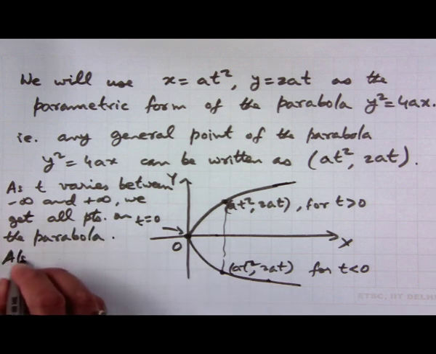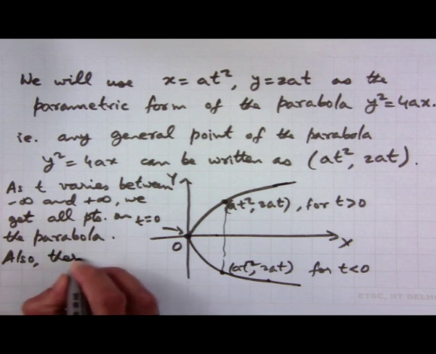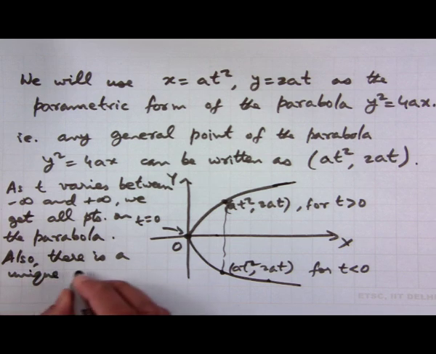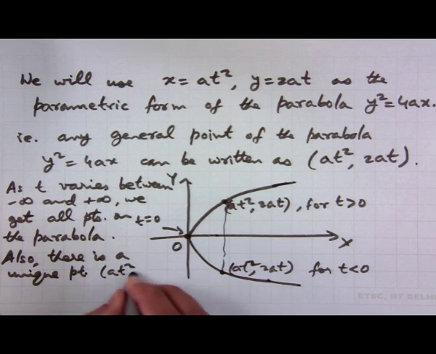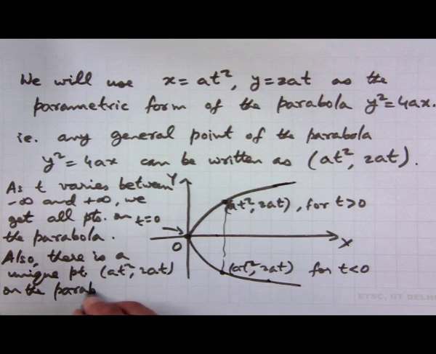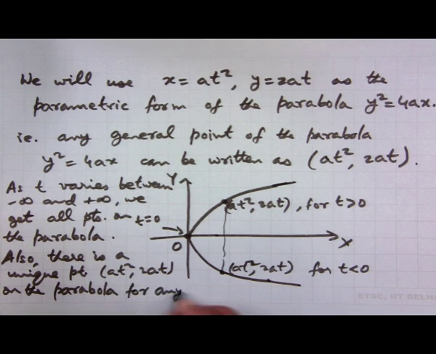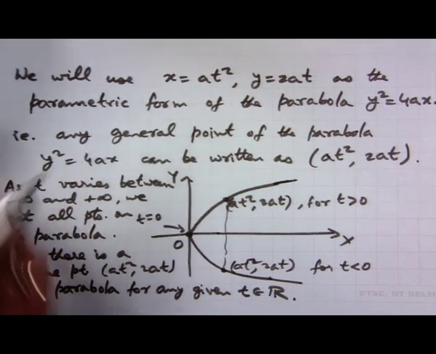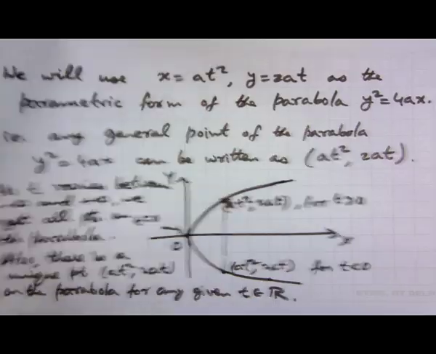Also, there is a unique point a t square, 2 a t on the parabola for any given t. So all the points can be uniquely represented as a t square, 2 a t.